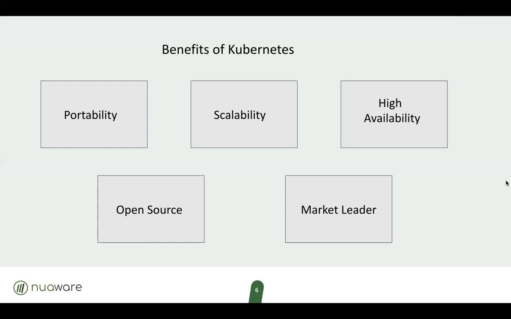Since Kubernetes is open source, you can take advantage of the vast ecosystem of other open source tools designed specifically to work with Kubernetes without the lock-in of a closed proprietary system. And because it's a market leader and it was developed and used and maintained by Google, it gives it instant credibility and can be trusted to fix bugs and release new features on a regular basis.